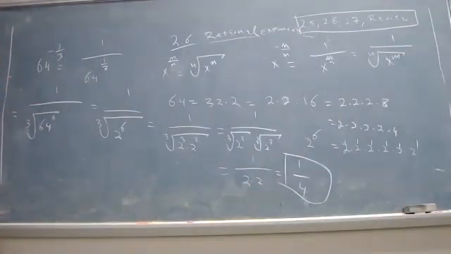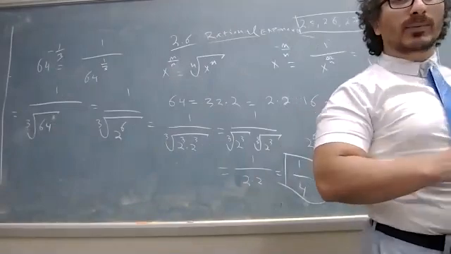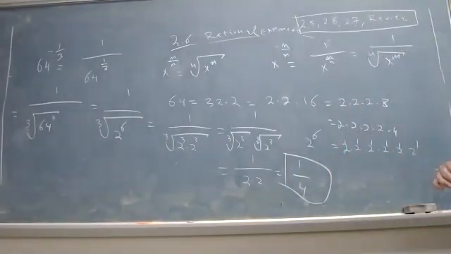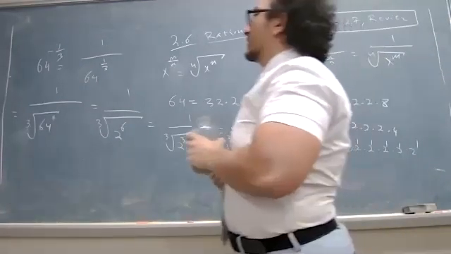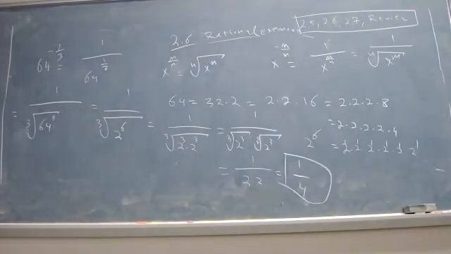So 64 raised to the negative 1/3 power is 1/4. Isn't that crazy? That's really cool. Because we're able to define negative powers. And not only that, we have the audacity to define rational powers. That's amazing.